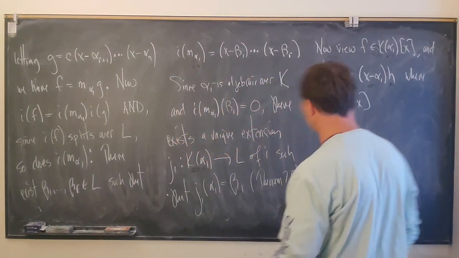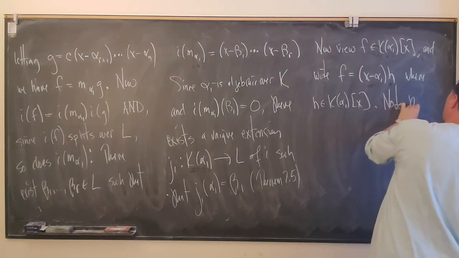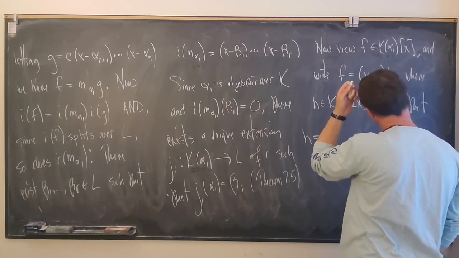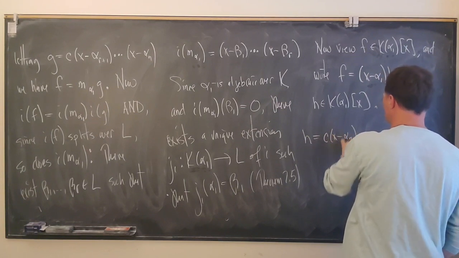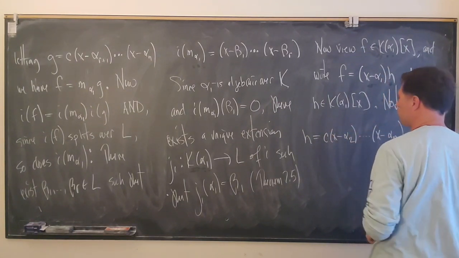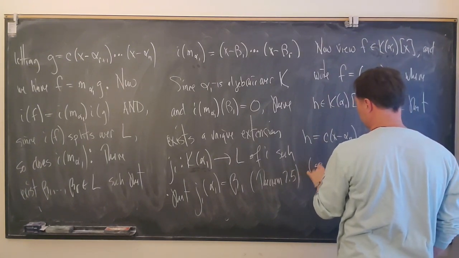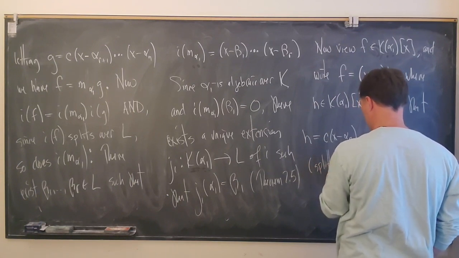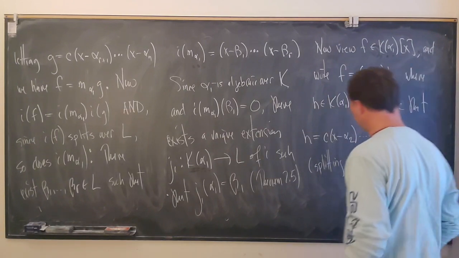So note that h equals c times x minus alpha 2 through x minus alpha n, this is the splitting of h over sigma.